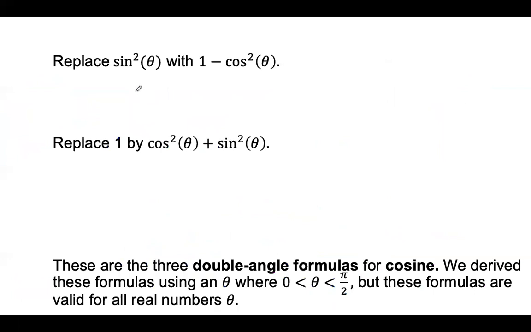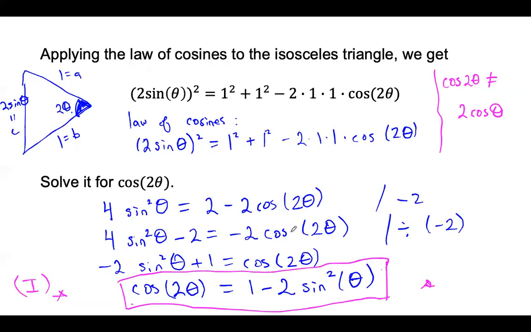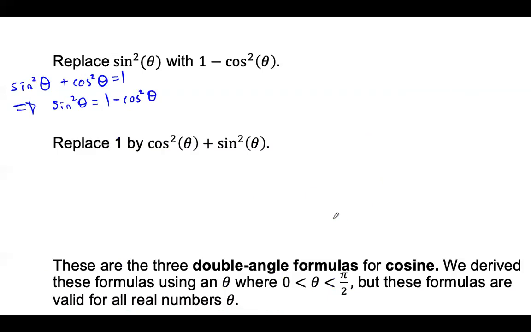Now we can replace. Let me write a little note over here. Our favorite identity, sine squared plus cos squared theta is equal to 1. We can just rearrange it like we normally do. So sine squared theta is equal to 1 minus cos squared theta. So we're going to go back here and replace sine squared theta with 1 minus cos squared theta.